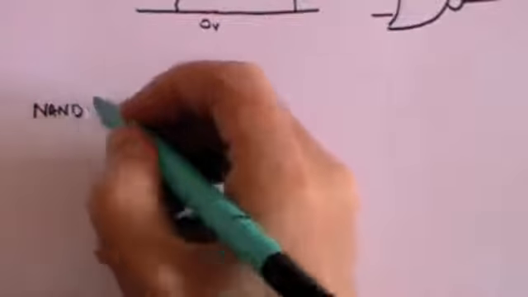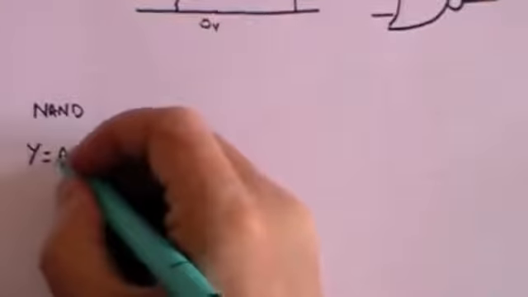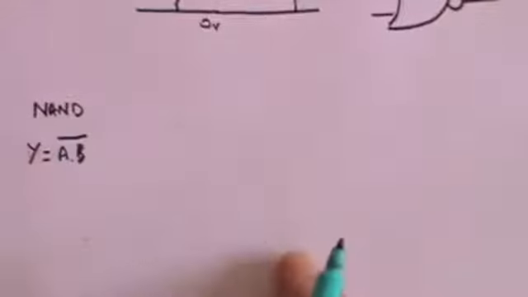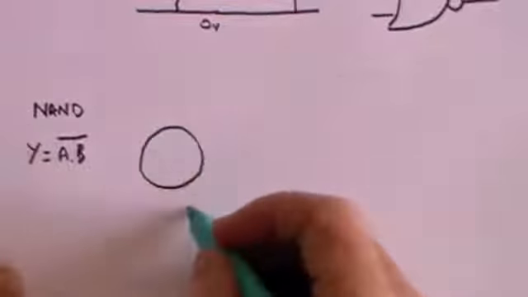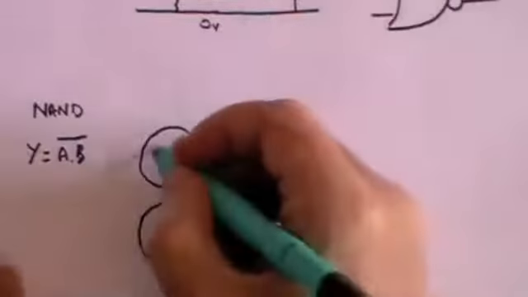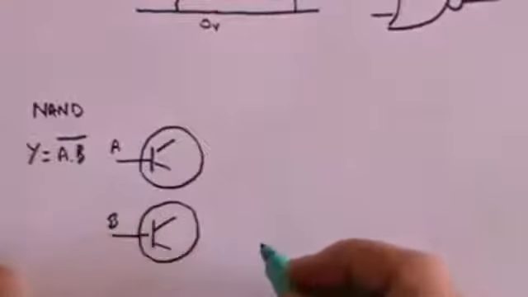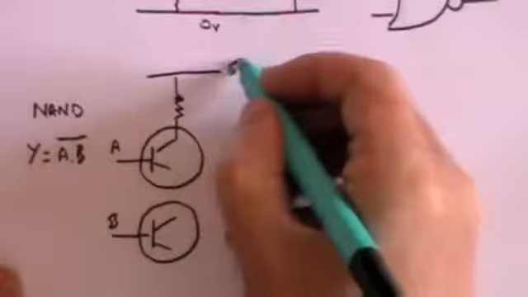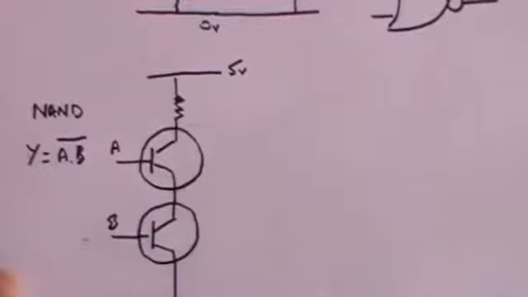Remember, that's the NOT AND. So Y, the output, is equal to A dot B, which is the same as for the AND gate, but because it's a NOT, you put a line over the top. And the way we design that, we again need 2 transistors, and each of those will have an input, and those are going to be our inputs A and B. We're going to go up through a resistance here to the 5 volt level, and we're going to connect these two, come down here to a 0 volt level.